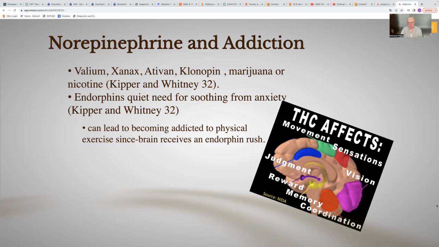Anyway, I digress. So with norepinephrine and addiction, the biggest thing is trying to regulate the effects of norepinephrine. Individuals, when they come off of these drugs, can develop some nasty anxiety, sort of like kickbacks, where it intensifies because it was suppressed for so long and now it's kind of out of whack.